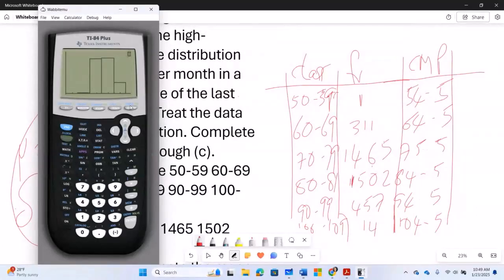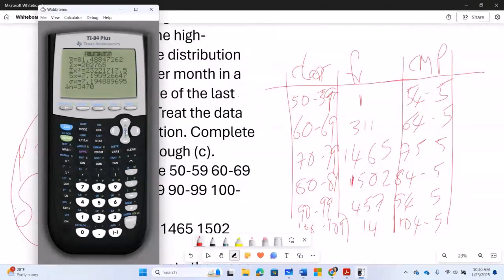So anyway, the histogram looks like it's approximately normal, but that's not enough. So I'm going to go back to stat so that I can do a one variable stat and eyeball the mean and the median. One variable stat of the data in L1 and L2, so that I can find the mean.